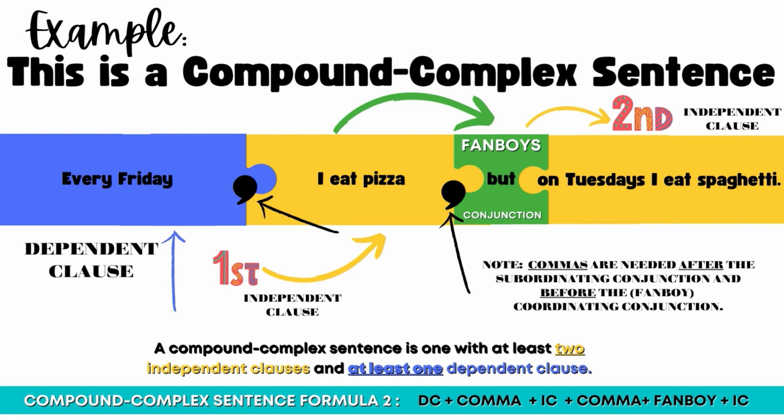And we also need a comma before our fanboy, always before a fanboy when it's joining clauses together. So we could look at the formula here being dependent clause plus a comma plus an independent clause plus a comma plus a fanboy plus an independent clause. And there you have another compound complex sentence.